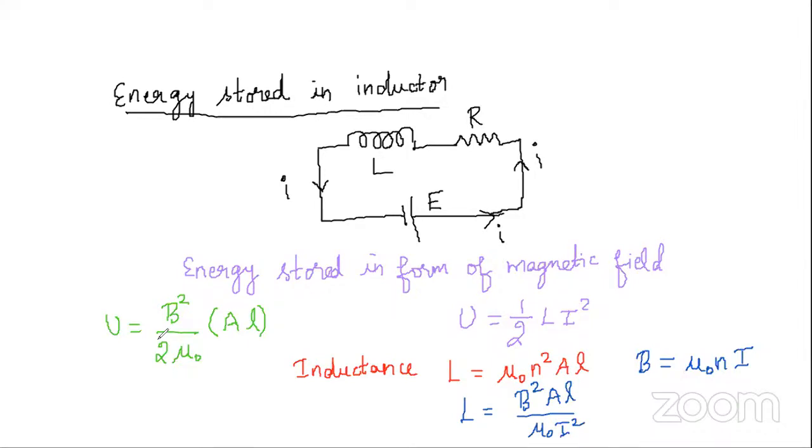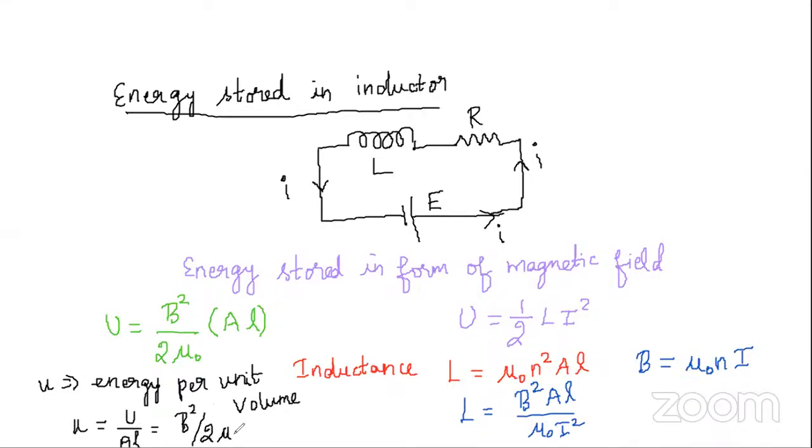And the energy stored per unit volume also you can take. That is represented as small letter u, which is nothing but energy per unit volume. So small u is nothing but capital U by AL, so that will be B squared by 2 mu naught.